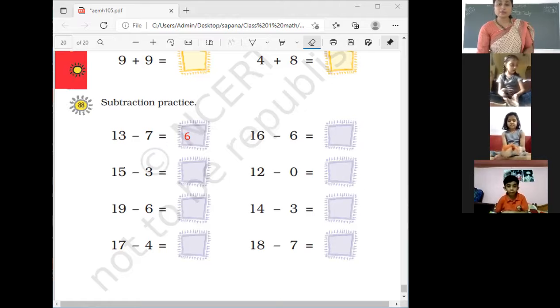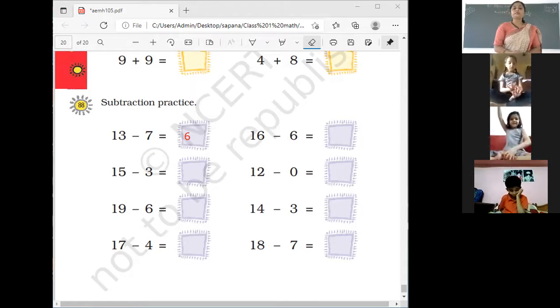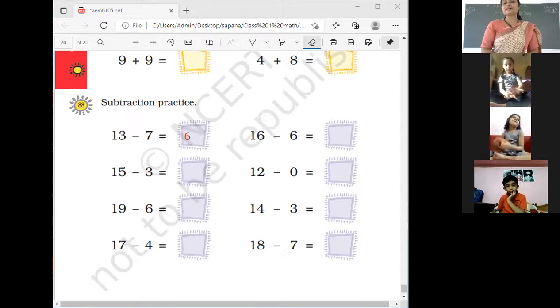Now next is 15 minus 3. Other students, 15 minus 3 is equal to, okay, 3 subtract in a number 15.